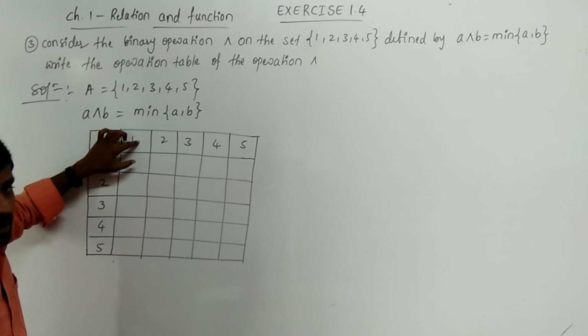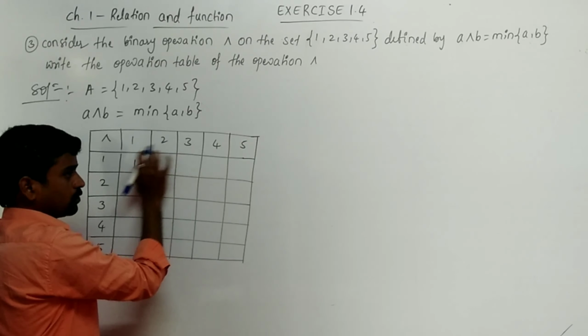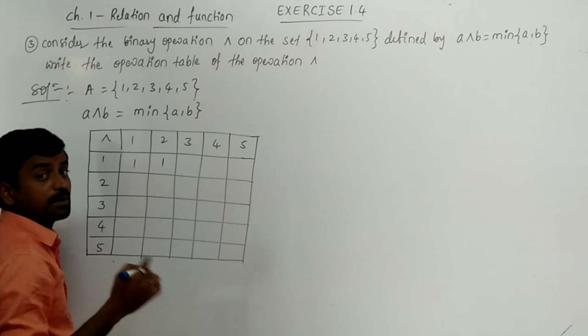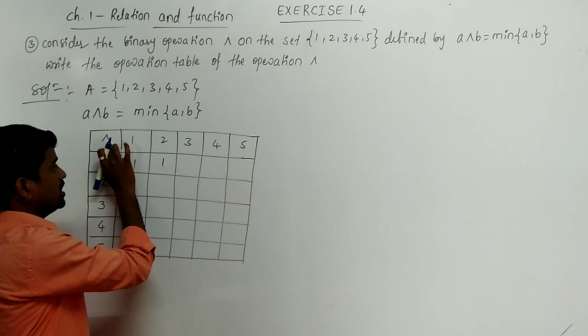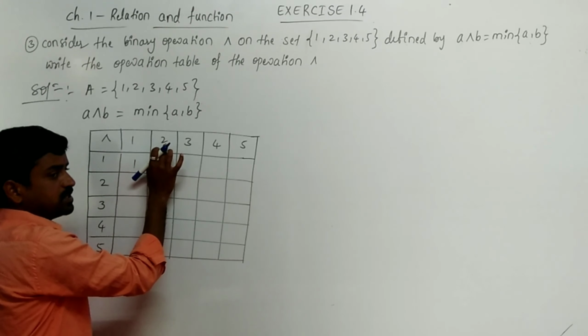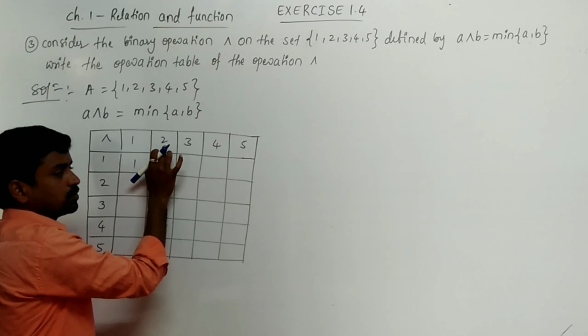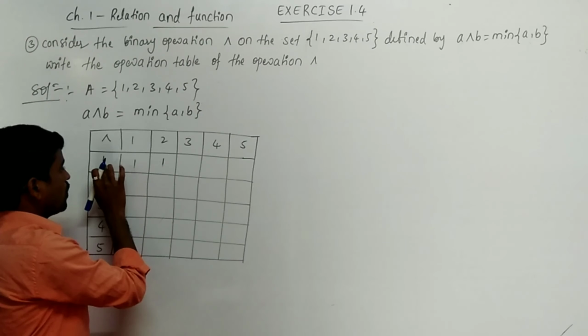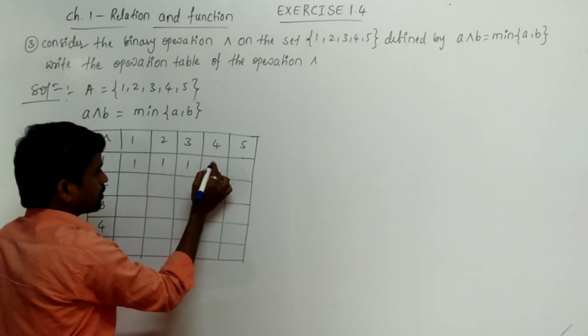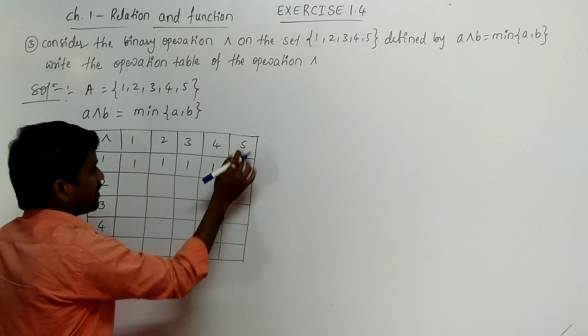Minimum of 1 and 2: in 1 and 2 the minimum value is 1. 1 minimum 3 is 1. 1 minimum 4 is 1. 1 minimum 5 is 1.